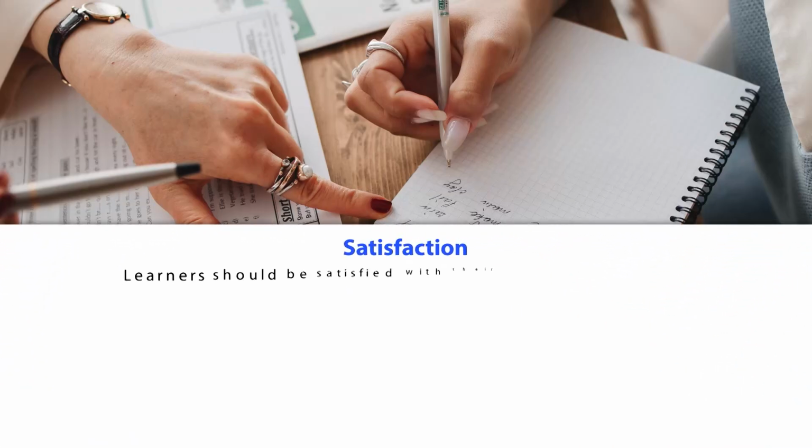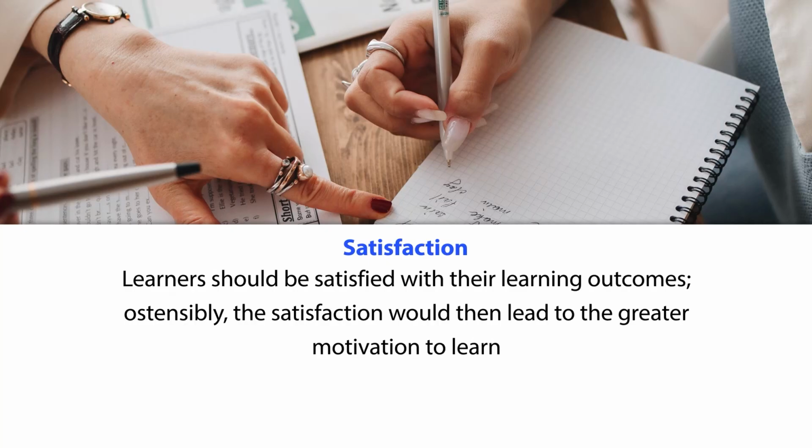The next and last is satisfaction. Here, learners should be satisfied with their learning outcomes. The satisfaction would then lead to greater motivation to learn. That's the most important part of the ARCS model.